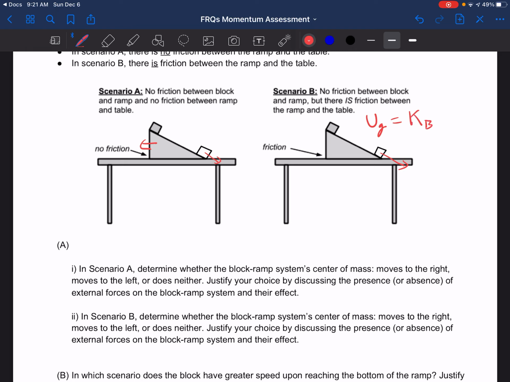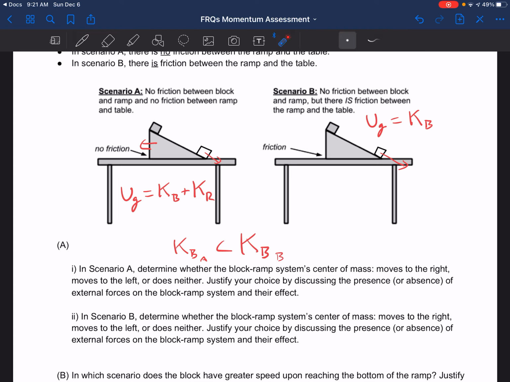But in scenario A, that initial gravitational potential energy is going to turn into kinetic energy of the block and kinetic energy of the ramp. So what this means is that the K of the block in scenario A is going to be less than K of the block in scenario B.